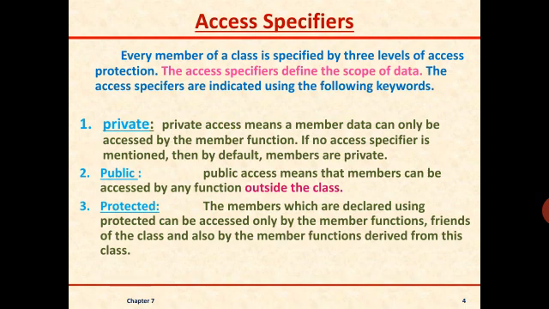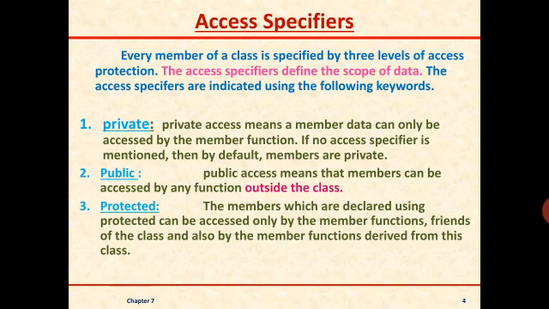The members which are declared using protected are accessed only by the member functions and friend functions of the class, and also member functions derived from this class. It means when we are using the inheritance concept, we will create a new class from the existing class.